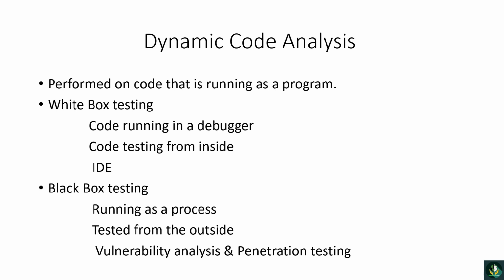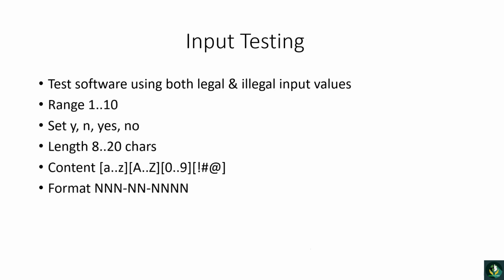Range testing tests data input as a range of legal values, say 1 through 10. Any input outside of this range is illegal and should be handled properly and not considered a legal value. Input data may also be tested as a fixed set of input values.